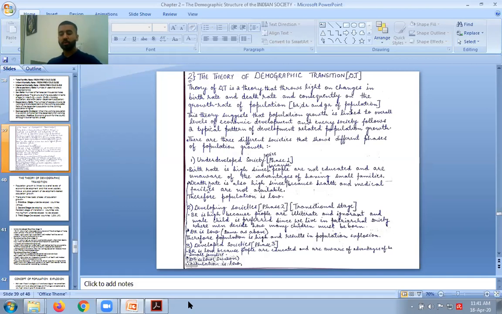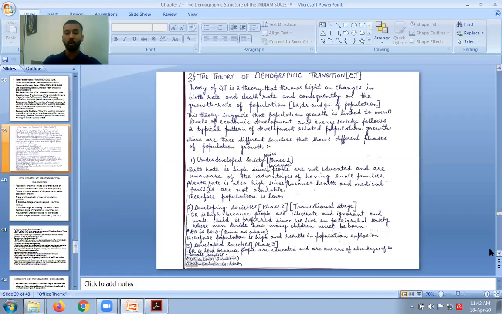So people are unaware, people are uneducated, right? So birth rate is always high. They want to have a male child. So in order to have a male child, they keep on giving birth to babies or children, right? So that's where we lack, I think. So that's the reason birth rate is high.